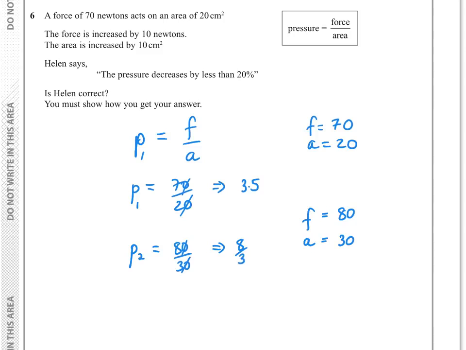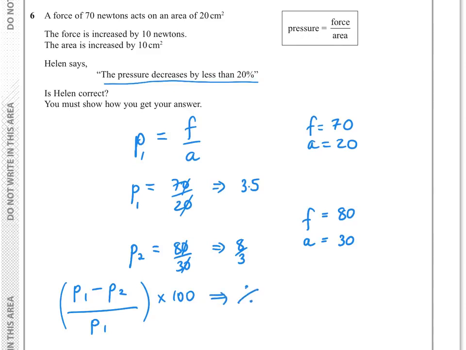Now, Helen says the pressure decreases by less than 20%. Is Helen correct? Well, I think what I would do is use my calculator to do P1 minus P2, compare it to where I started, which was P1, and then just times by 100 to get a percentage.